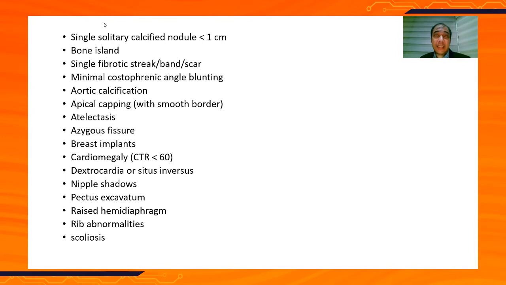Now, these chest X-ray findings enumerated, like your single solitary calcified nodule, your bone island, your single fibrotic streak, band or scar, minimal costophrenic angle blunting, aortic calcification, apical capping with smooth border, atelectasis, azygos fissure, breast implants, cardiomegaly with cardiothoracic ratio of less than 60, dextrocardia situs inversus, nipple shadows, pectus excavatum, raised hemidiaphragm, rib abnormalities, and scoliosis.